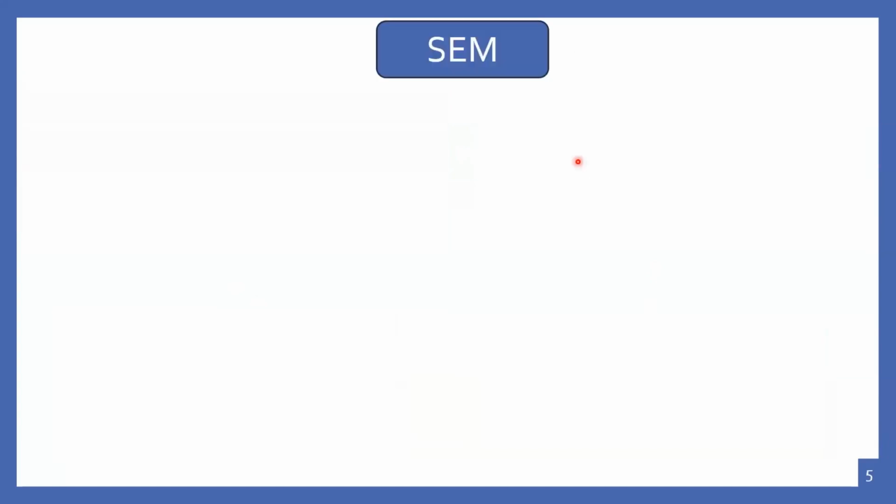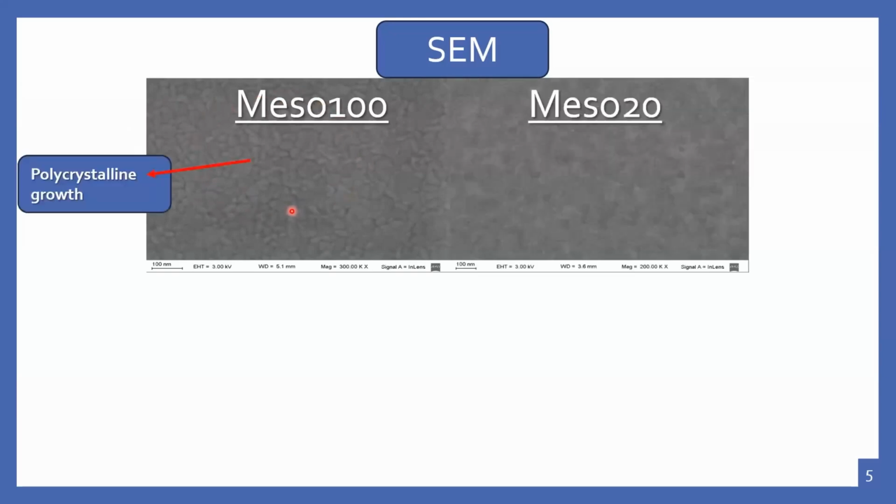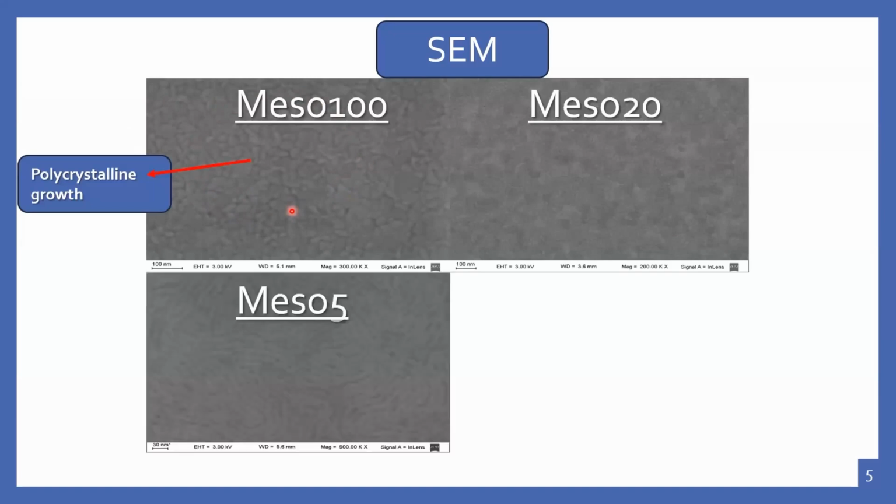So if we look at the surface of the samples by scanning electron microscope, for meso 100, we have a polycrystalline growth. This growth is very similar to the one in the dense sample. If we pass to meso 20, the polycrystalline growth is still here, but for meso 5, we cannot see any grain.